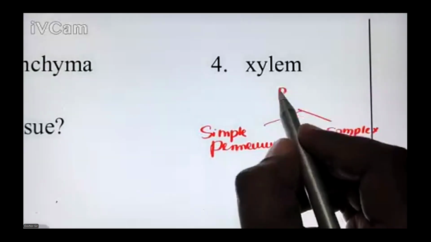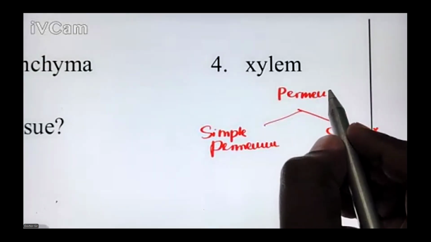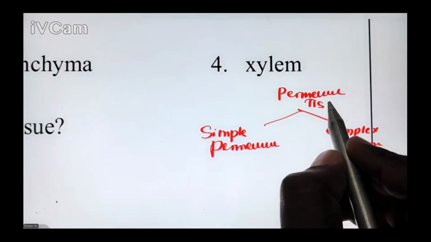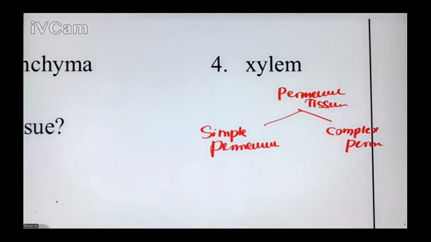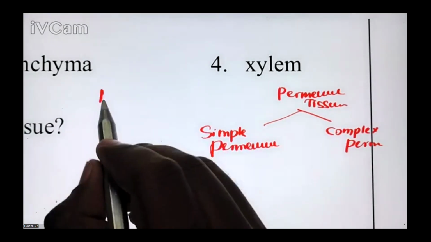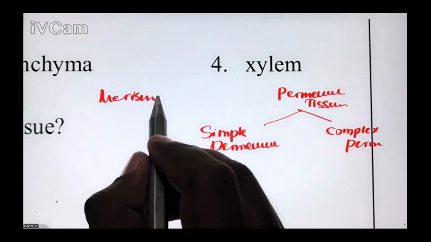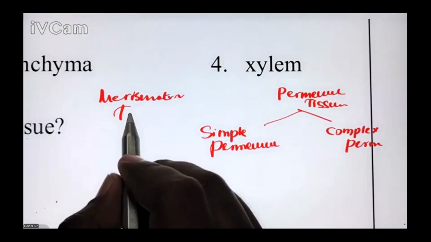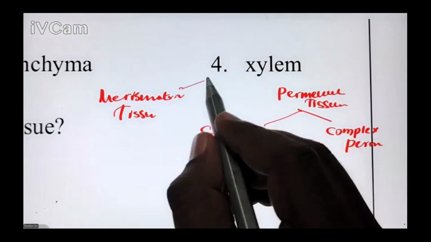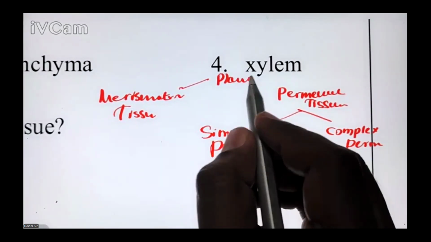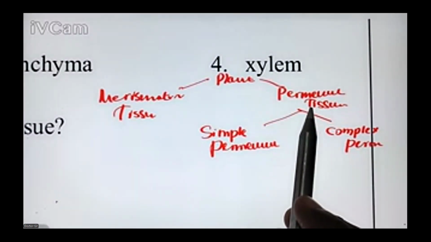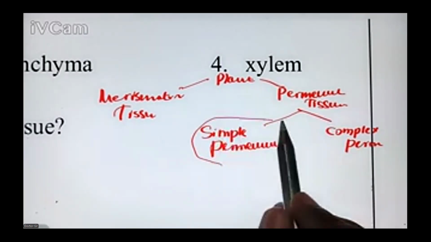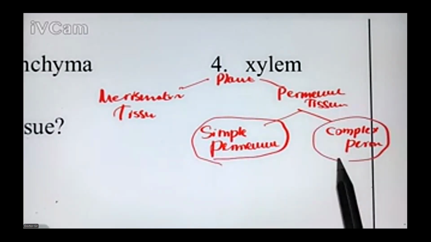These are the permanent tissues. Then we have another type, what is that? Meristematic tissues. So these are the plant tissues: meristematic tissues and the permanent tissues. Permanent tissue is again divided into the simple permanent and the complex permanent.